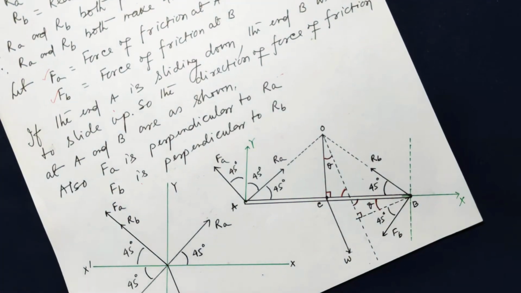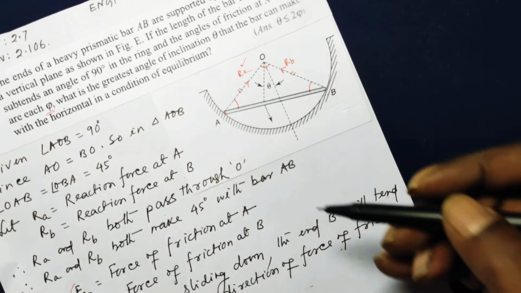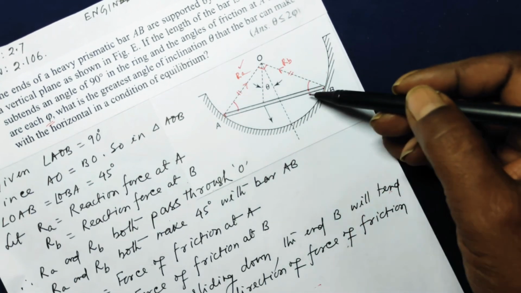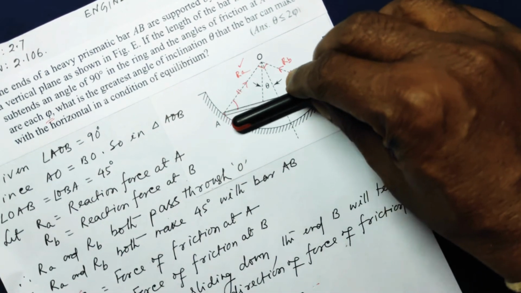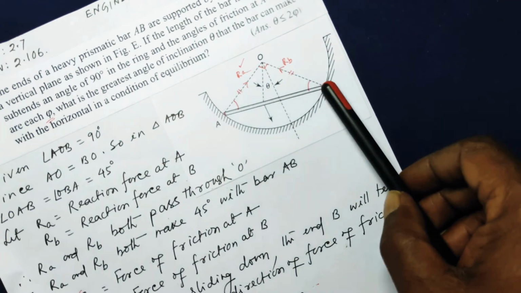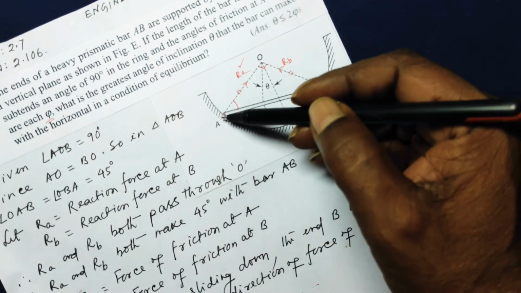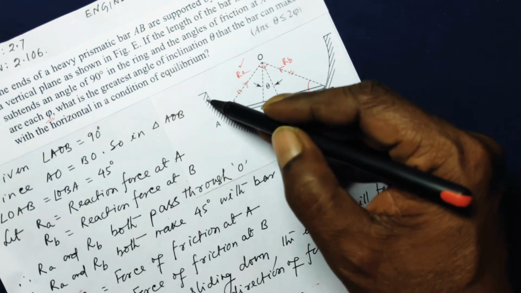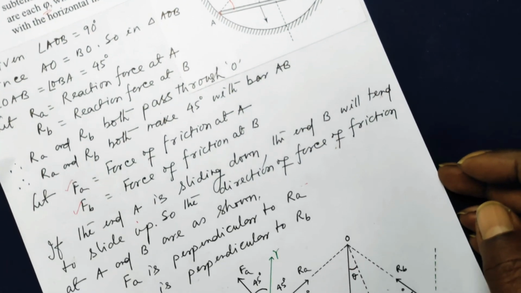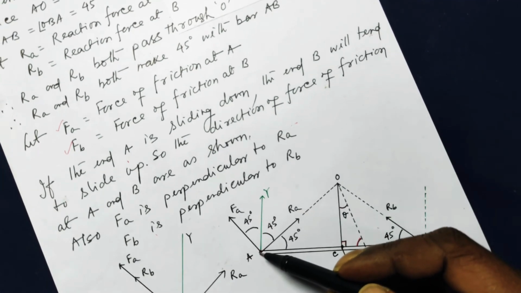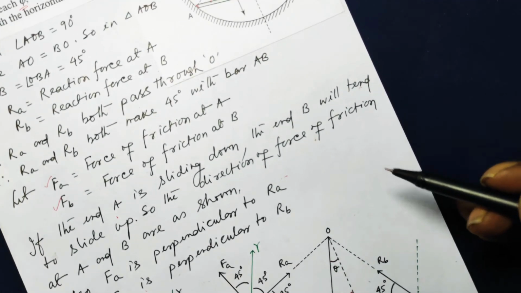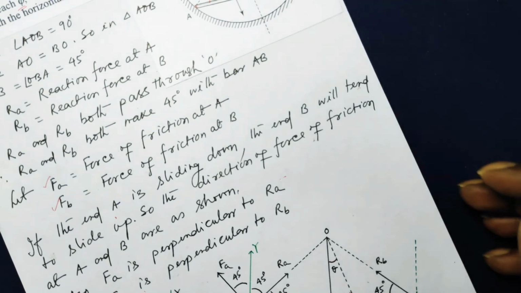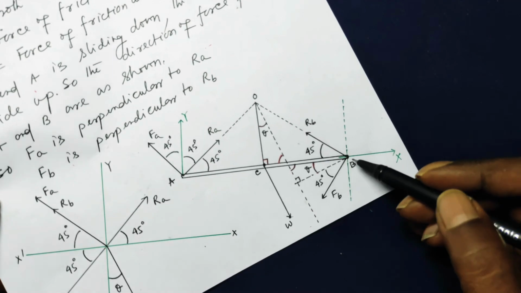And the direction of FA, let me explain again: as point A is trying to slide down, as this prismatic bar is trying to slide down, and in this position it is maintaining equilibrium, here the direction of force will be to this side. That is what I have shown here. Similarly, at point B, the direction of the force of friction will be to this side. That is what I have shown here.